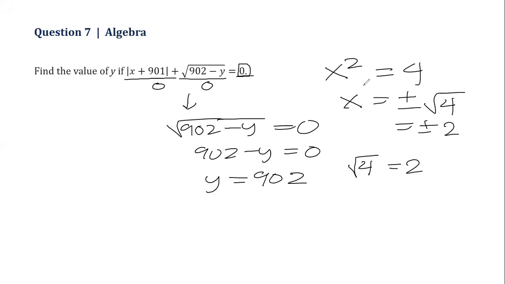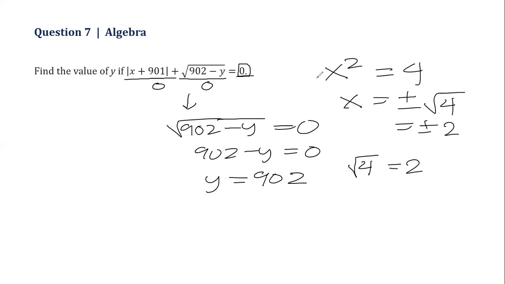If that's confusing, a tip that I can give you is that if you're the one who puts the square root, then there should be a plus minus. But if the square root is already there, then you should only assume the positive answer.